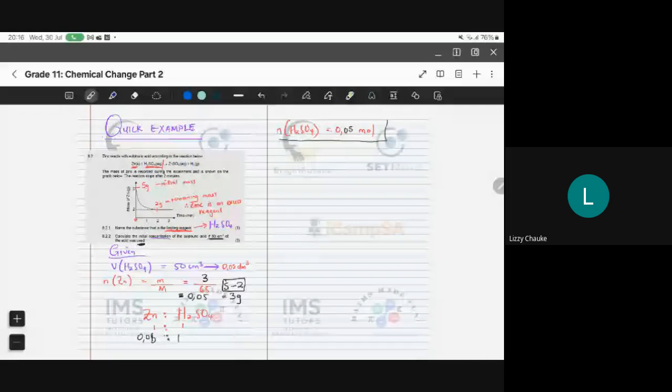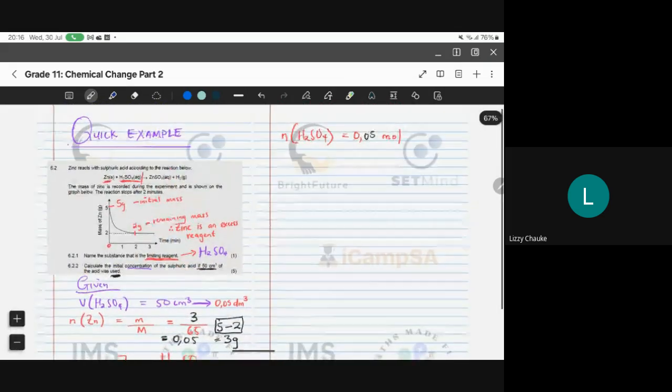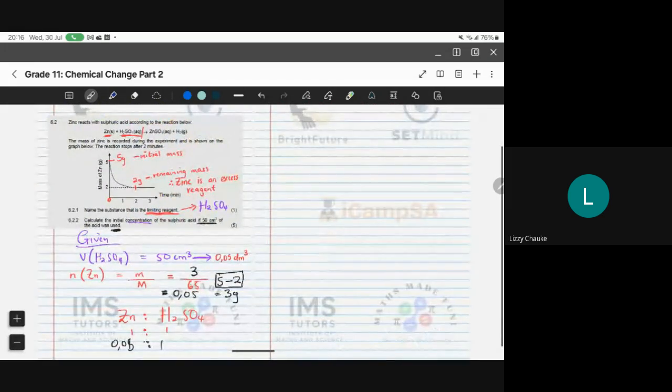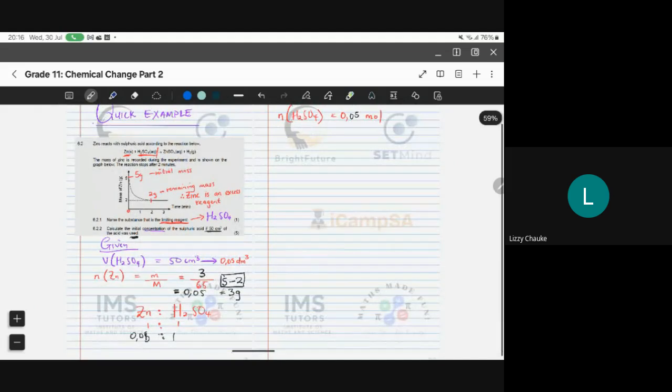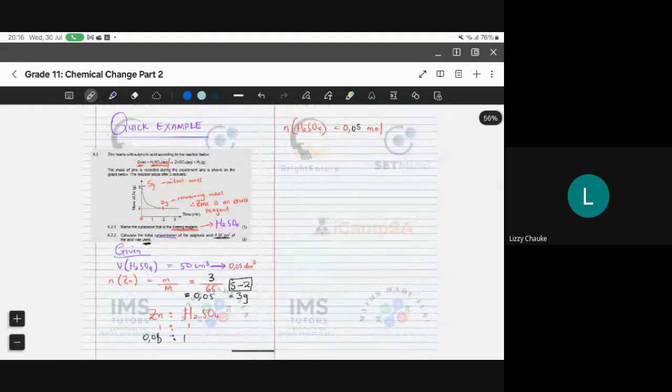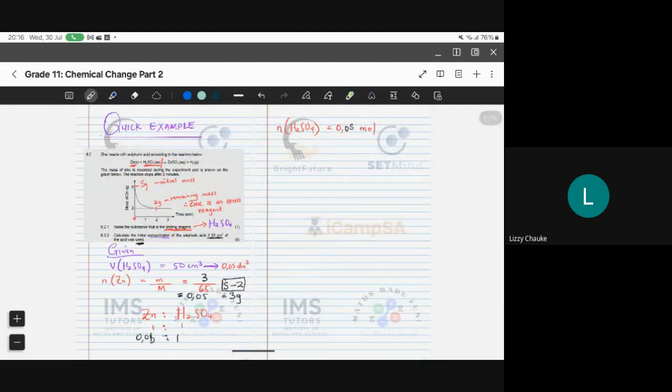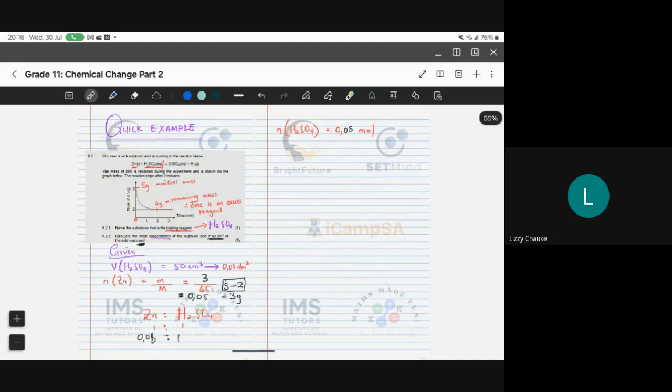We are confident that we used this number of moles for H2SO4. It's because H2SO4 was used up completely and only 3 grams of zinc were used. So knowing the number of moles of zinc that were used and taking the ratio of zinc to sulfuric acid, we would definitely be sure that that's the number of moles that were used for sulfuric acid as well. If here were 2, maybe the number of moles that were used of sulfuric acid would be different, but now it's 1.